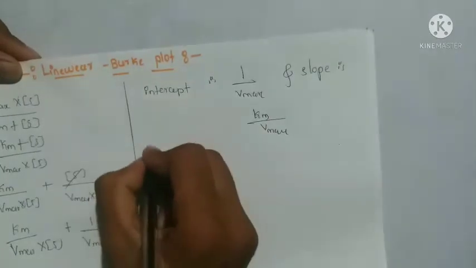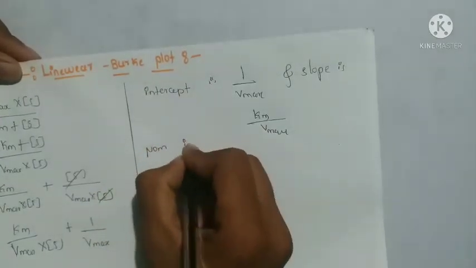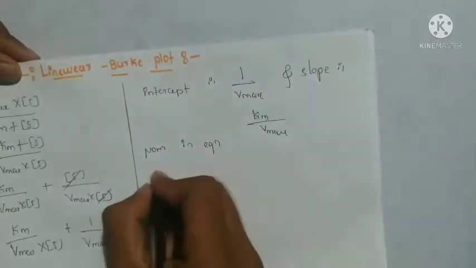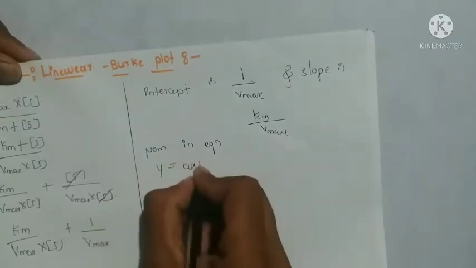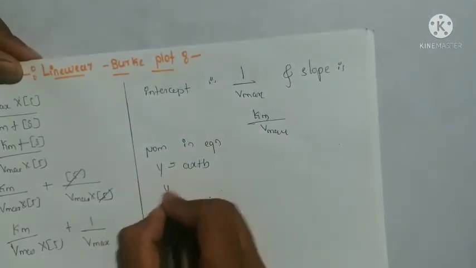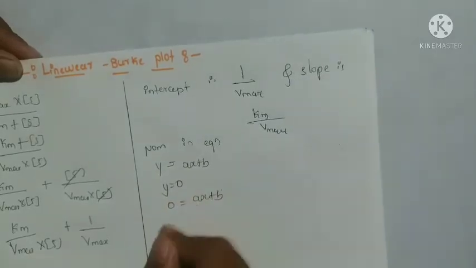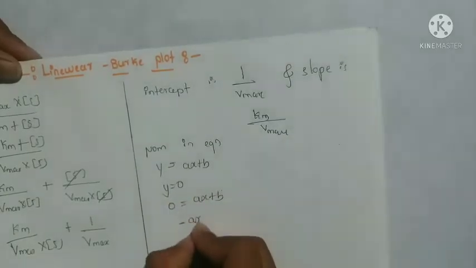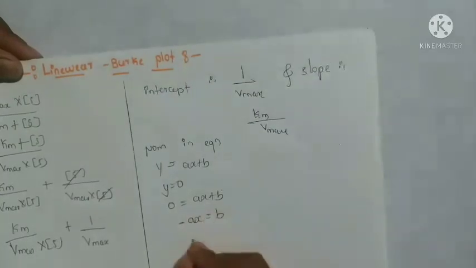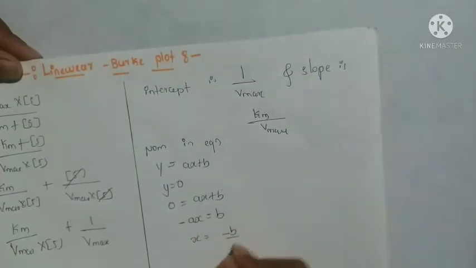Now in the equation y equals ax plus b, put y equal to 0, then 0 equals ax plus b, so x equals minus b by a.